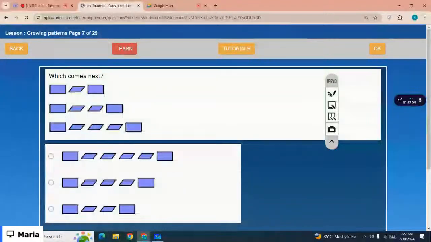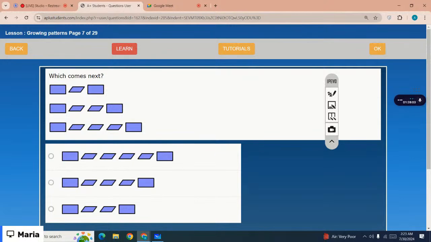Okay, what comes next? Which is the correct option? The correct option is option number, yes, 1 is the correct option.